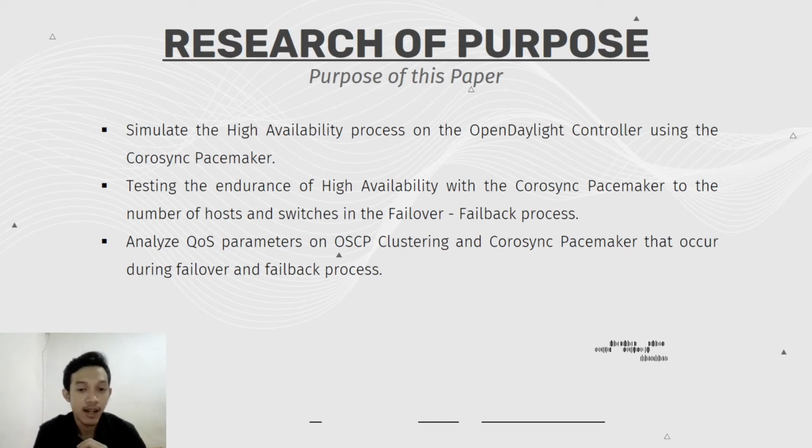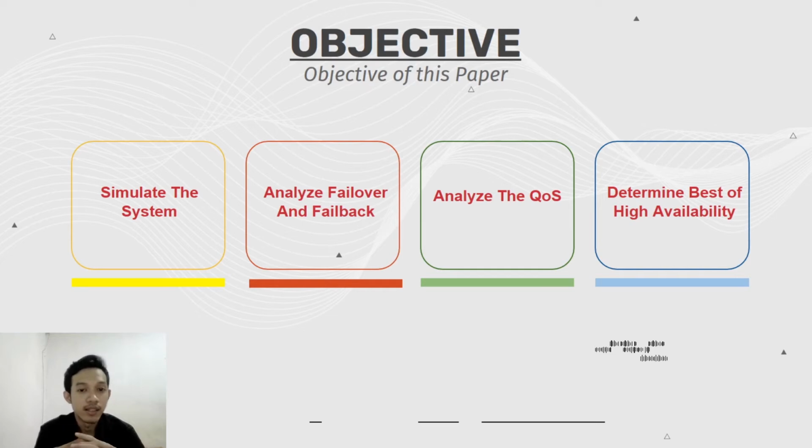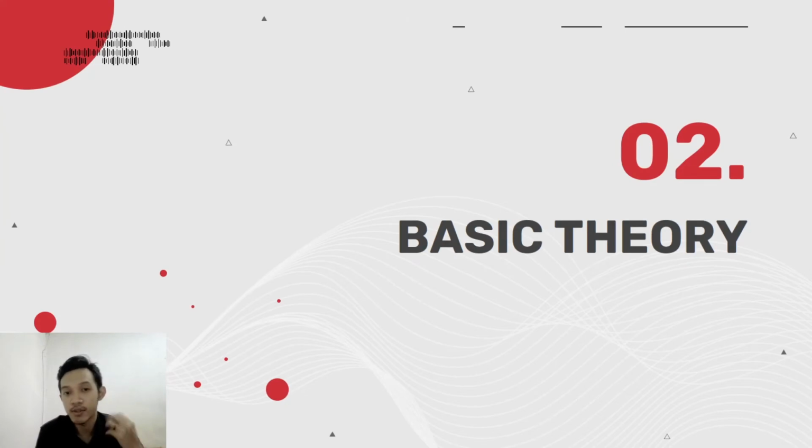And the last, to analyze QoS parameters on OSGP clustering and Corosync Pacemaker that occur during the failover and failback process. The objectives of this paper are to simulate the system, analyze failover and failback, analyze the QoS, and determine the best high availability. Okay, let's move on to basic theory.